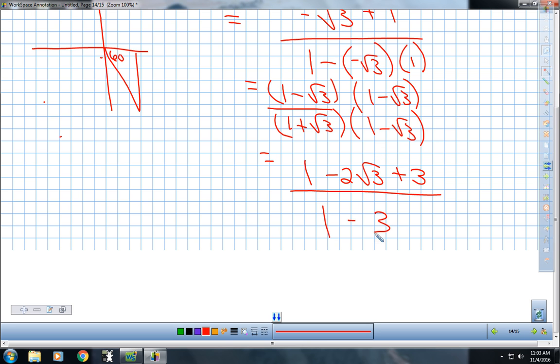And that's why I do it, because all the radicals will be gone. Okay? So this is just going to be 4 minus 2 radical 3 all over negative 2. So that's just going to be negative 2 plus radical 3.